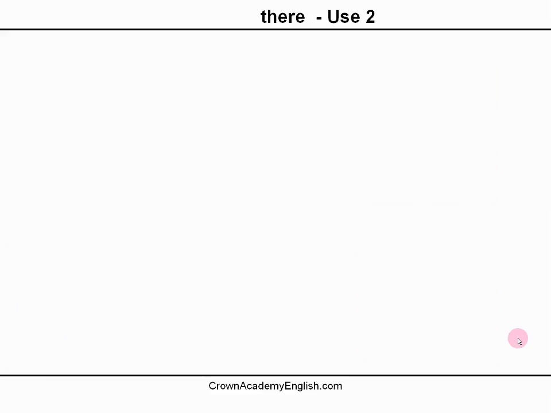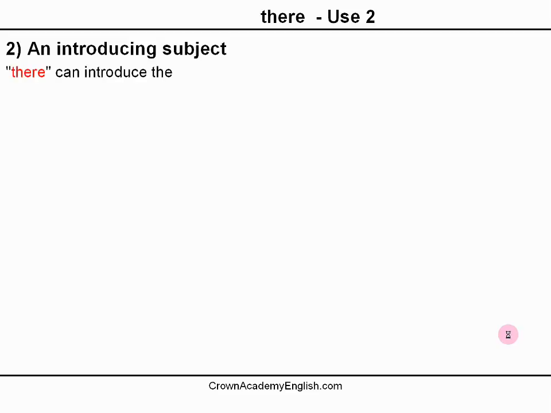And the second use is we often use it as an introducing subject. So there, T-H-E-R-E, can introduce the subject of the sentence. And I'm sure you have all seen this structure.